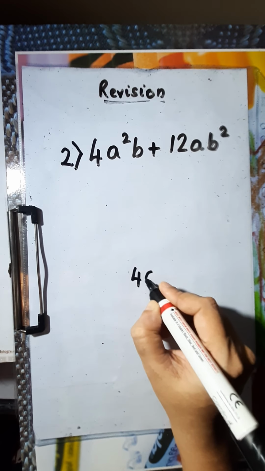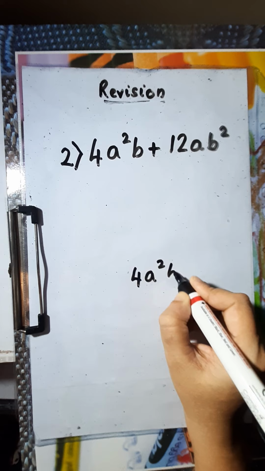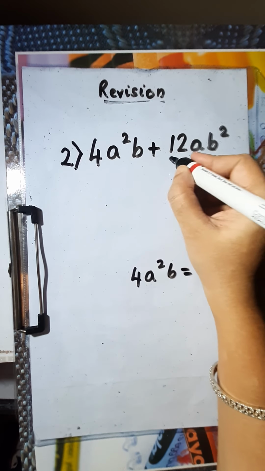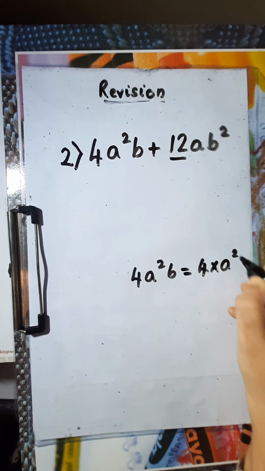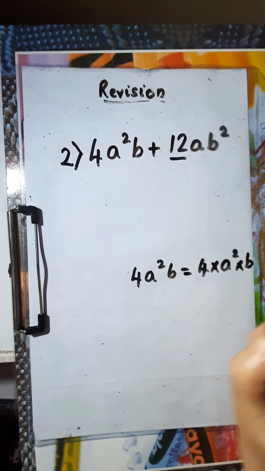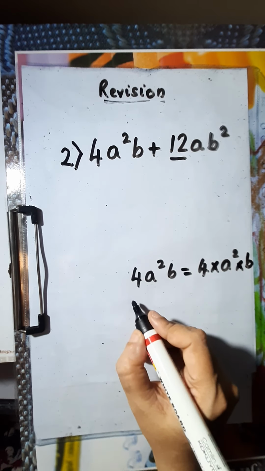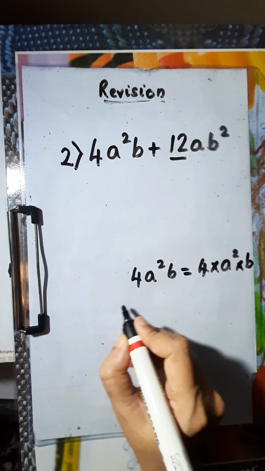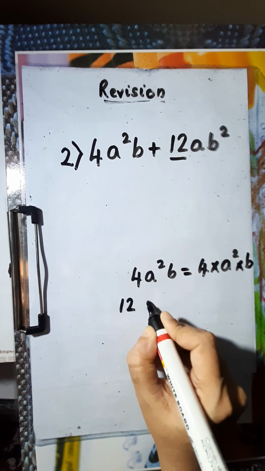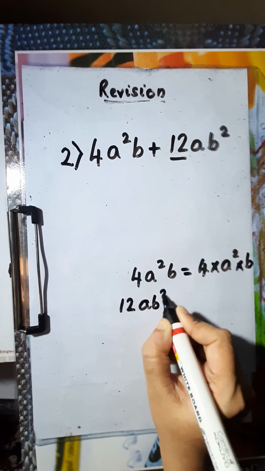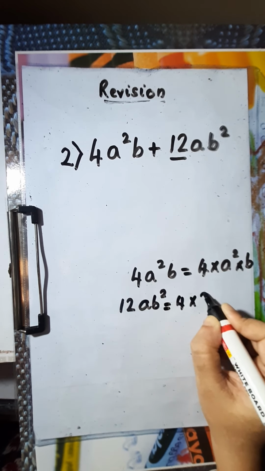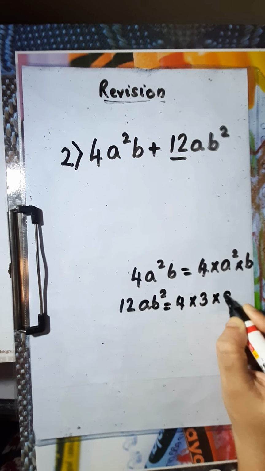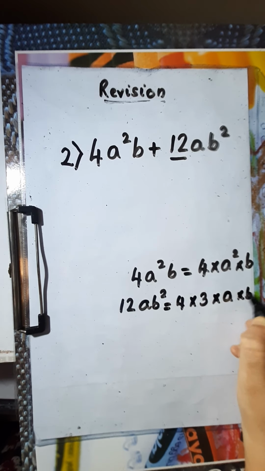This is 4a square b, which I'll write as 4 into a square into b. You can write a into a, no problem, I'm teaching you a shorter way. 12ab square is 4 into 3 into a into b square.